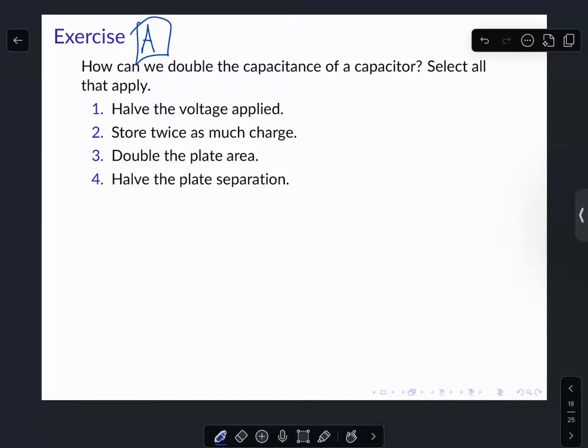Okay, so follow-up question here. Question B. How do I change the resistance of a resistor?